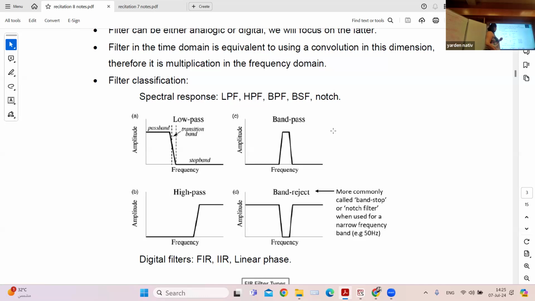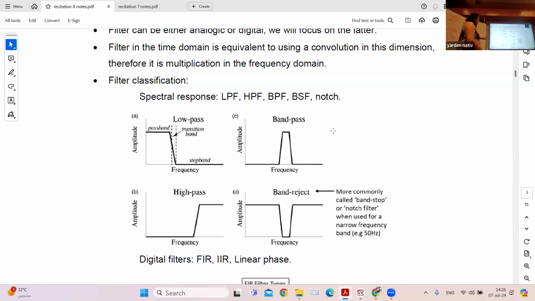The first possibility is to perform a low pass. What does that mean? It means that the lower frequencies are the frequencies that we want to keep in our data. So we have here the pass band, the frequencies that we want to keep in the data. We have here the stop band, and in between we have a transition band.